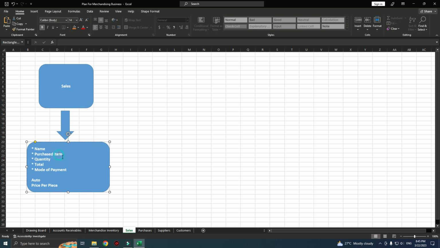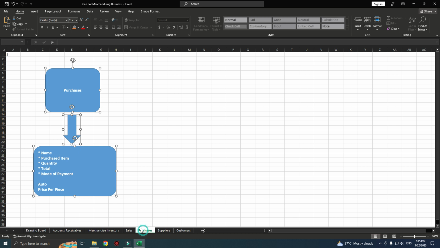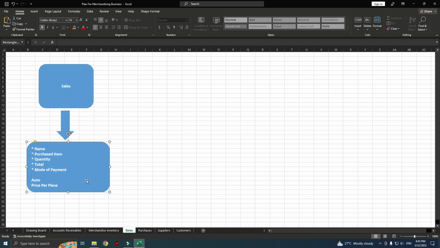Sales, name, purchase item, mode of payment. Then sometimes sales and purchases may be on credit.